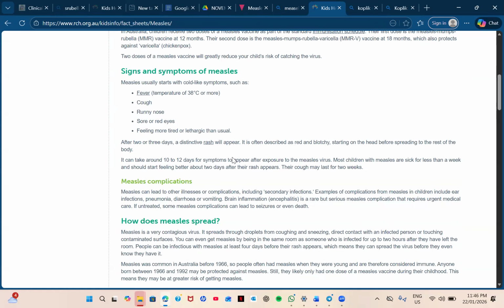Signs and symptoms: it can take around 10 to 12 days for symptoms to appear after exposure to the measles virus. Most children with measles are sick for less than a week and should start feeling better about 2 days after their rash appears.